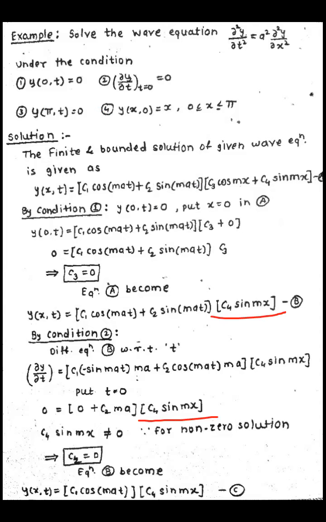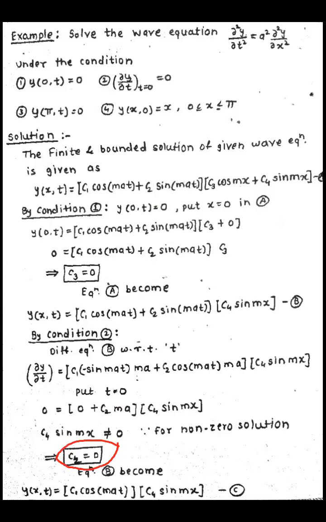So to obtain a non-zero solution, this is not equal to 0. So what this implies is that the c2 ma term is 0. Now m and a are constants. To obtain a non-zero solution, we need to put c2 equal to 0. So we obtain the second arbitrary constant, c2 = 0.